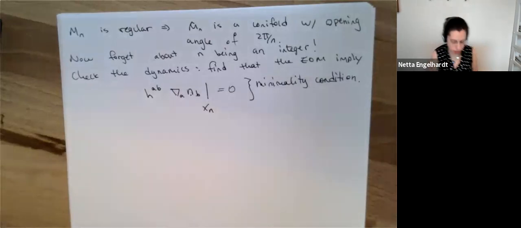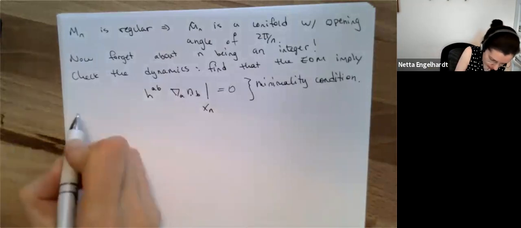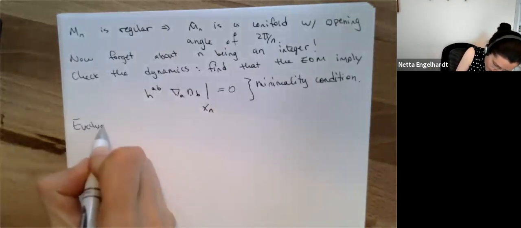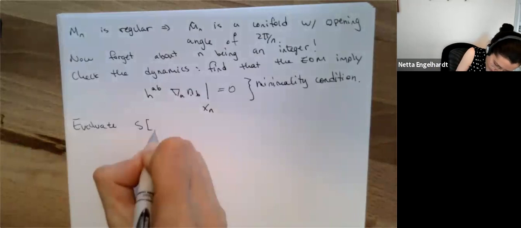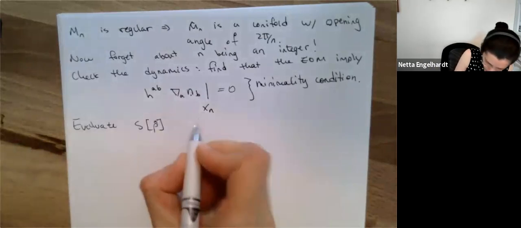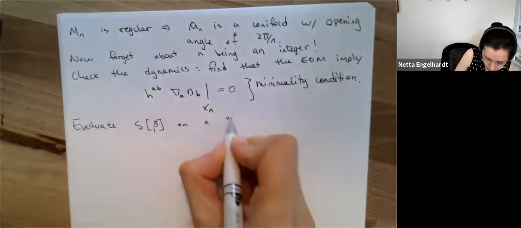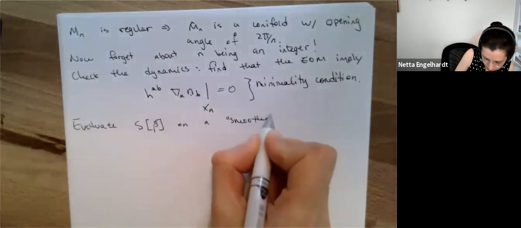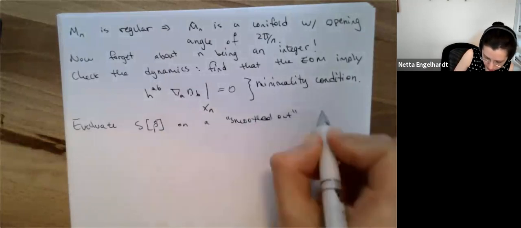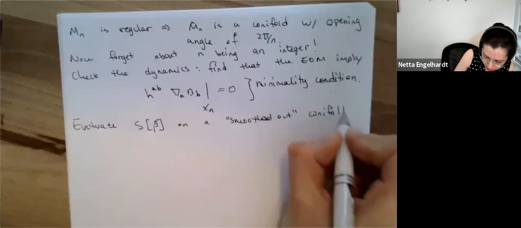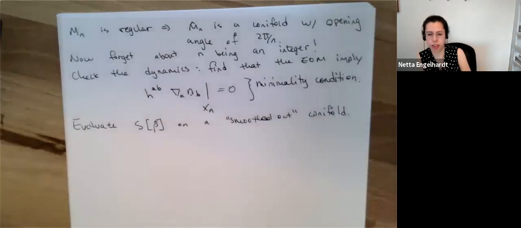So what we then do is we say, okay, we're going to evaluate the replica von Neumann entropy of rho hat on a so-called smoothed out, a regulated conifold. There are a couple of different ways to do this.